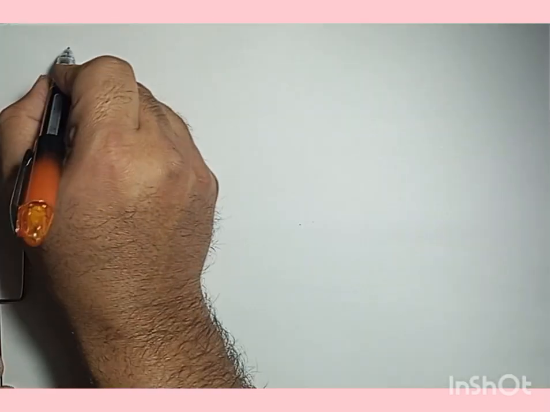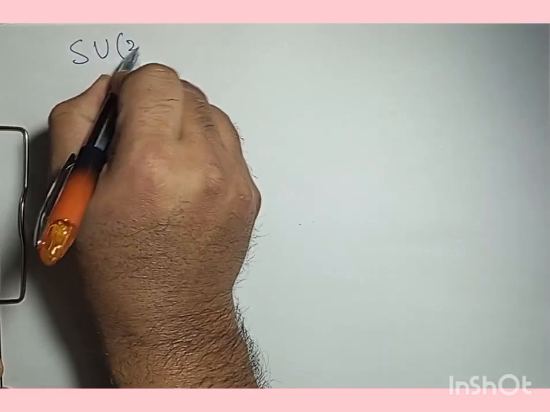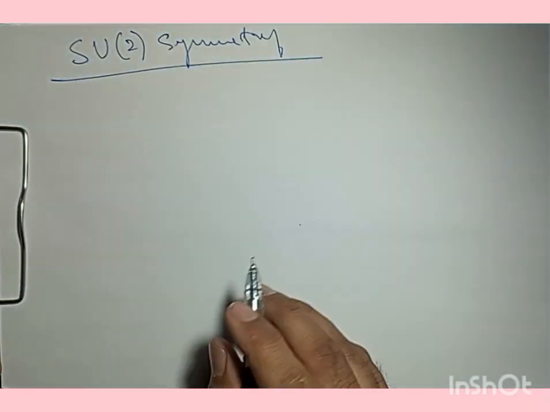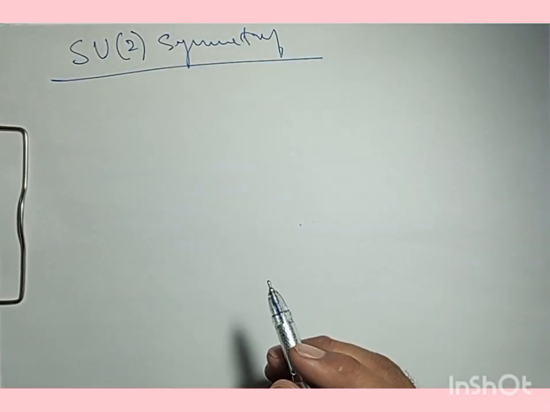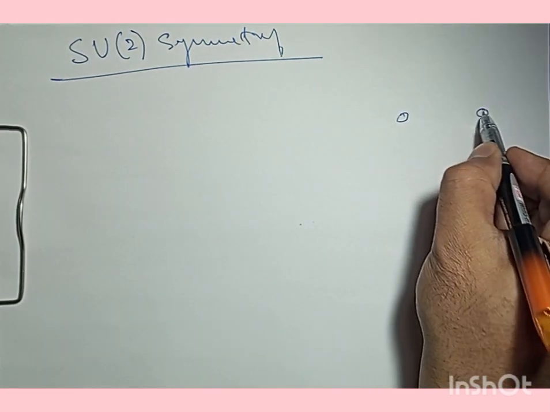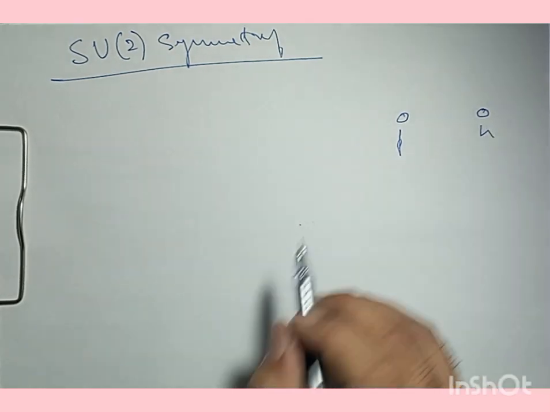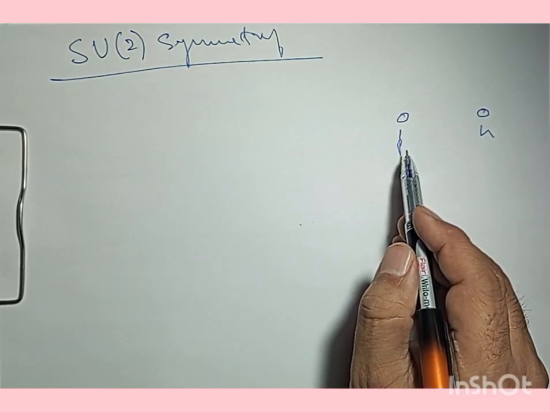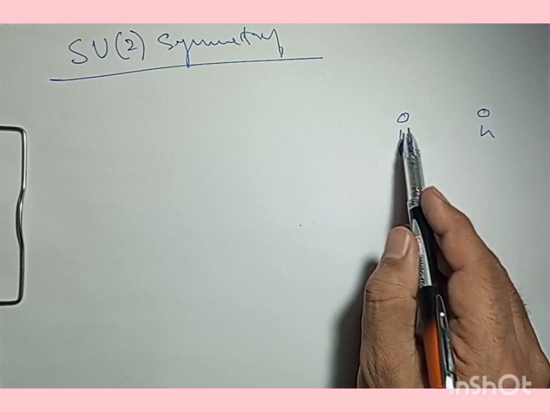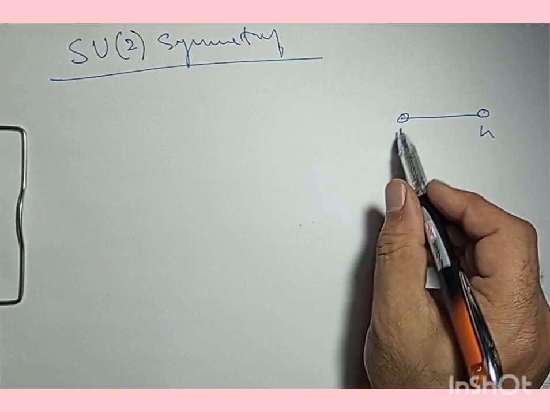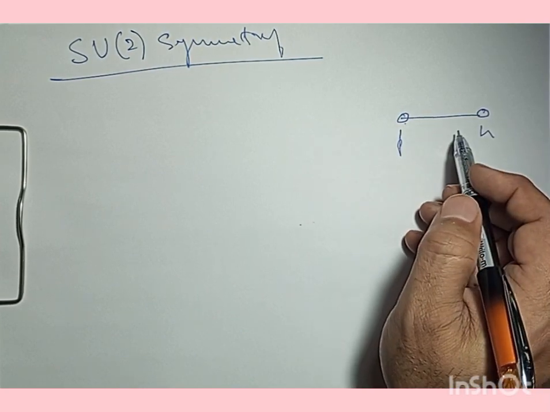Now the core thing is that we want to talk about SU(2) symmetry. To start with, we have protons and neutrons, and there are a lot of similarities between these particles. Between protons and neutrons there is the strong nuclear force, which is responsible for holding them in a nucleus.